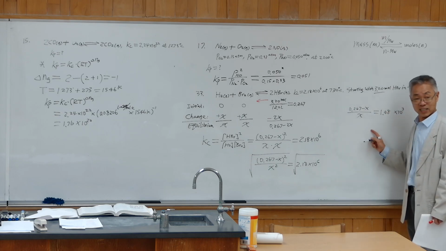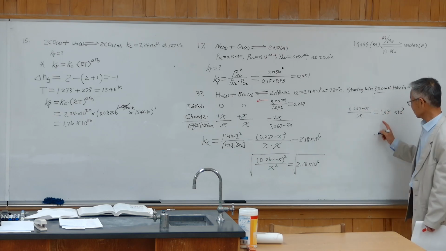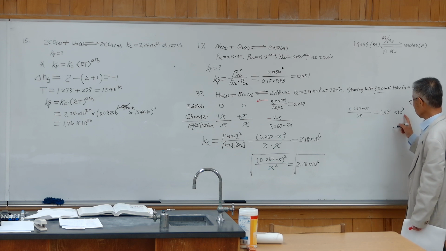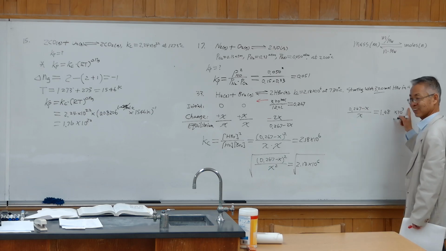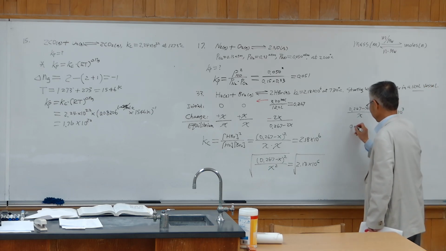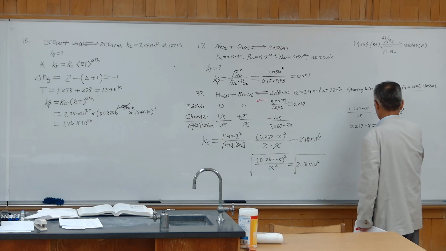Now is this easy? This is a single variable linear equation. So 1.48 times 10 to the third power, so 1480x. Move this x here, right? 0.267 minus x equals 1480x.